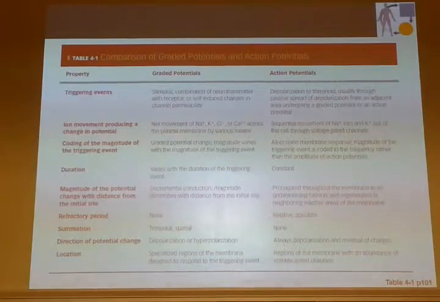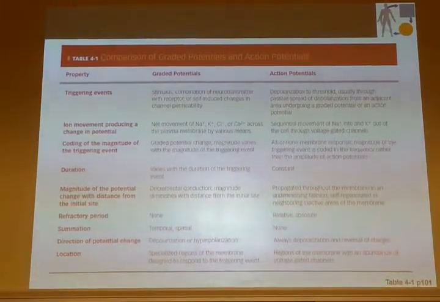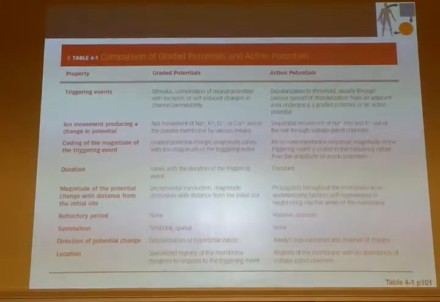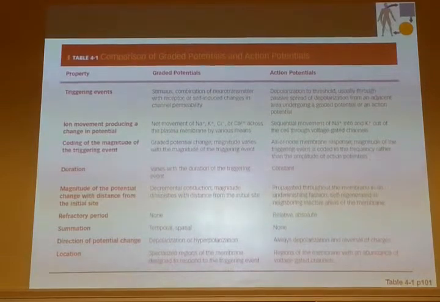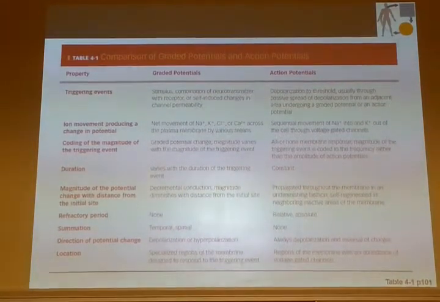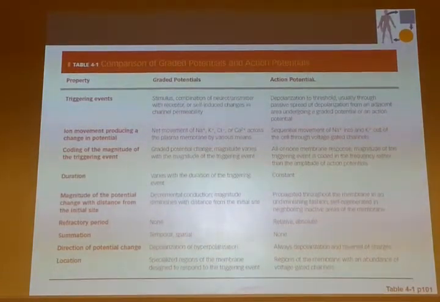So simultaneous stimulation over different areas of the cell would be a spatial summation. If it's one neuron that you just keep firing action potentials to keep those channels open, that's temporal summation. We didn't talk about that, but everything else we pretty much discussed.